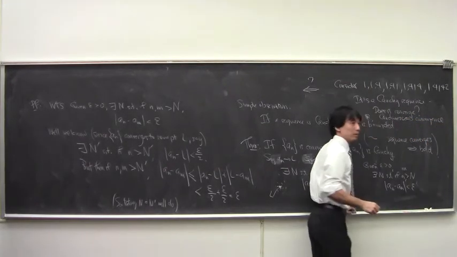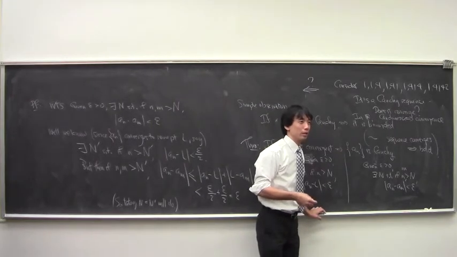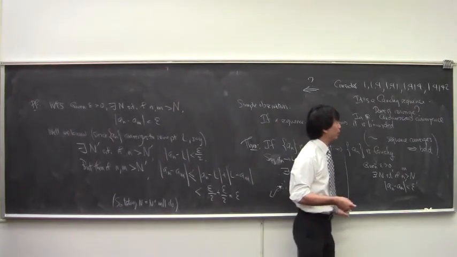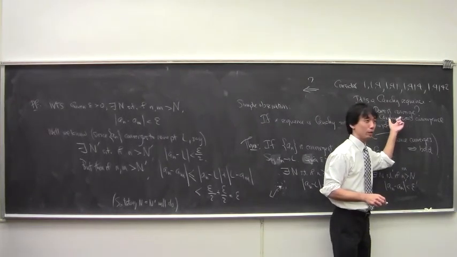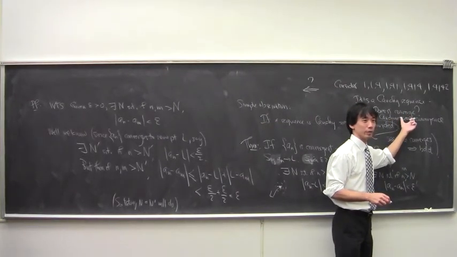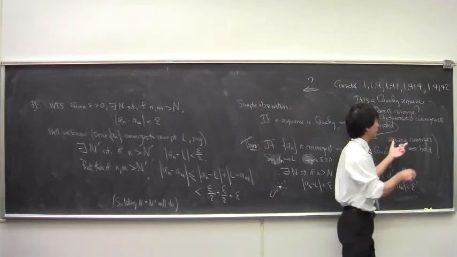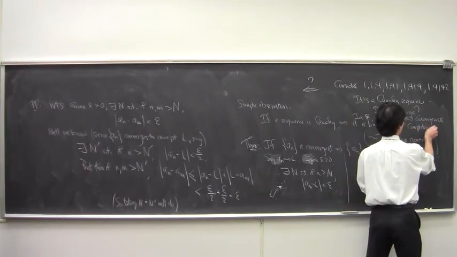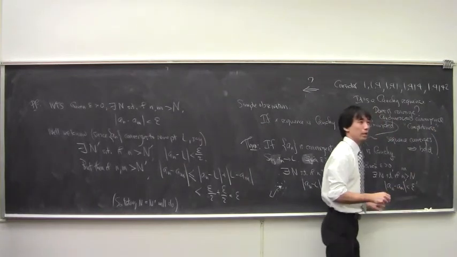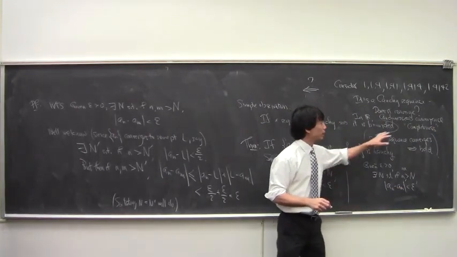So there's something special about R, which is that Cauchiness and convergence are the same thing, and that's what's called completeness.